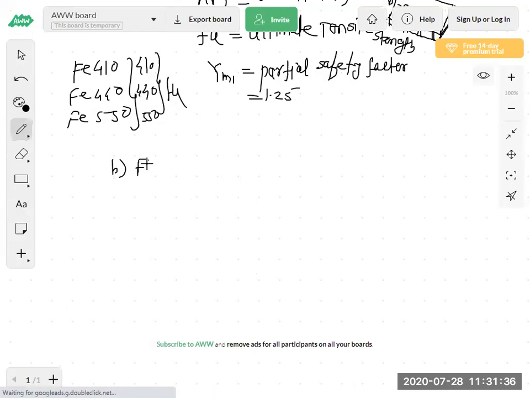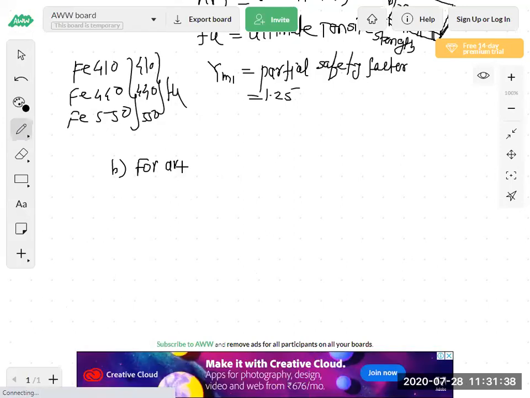B, for angle. For angle, go to page number 33. So page number 33.